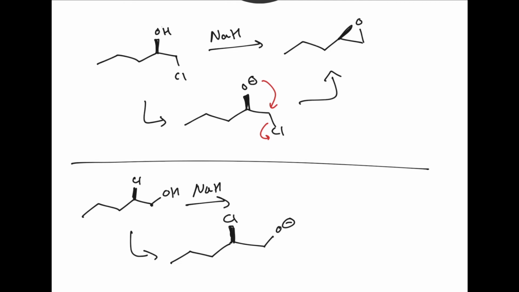So Sn2 reactions proceed with backside attack, inversion of stereochemistry. So what ends up happening is we are going to attack the carbon with the halogen and invert the stereochemistry. We're going to come from behind. So now my epoxide is going to have the opposite stereochemistry of the halide I started with, because I have to proceed through backside attack.